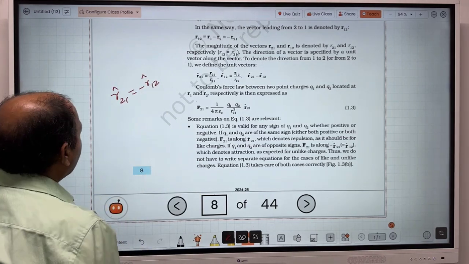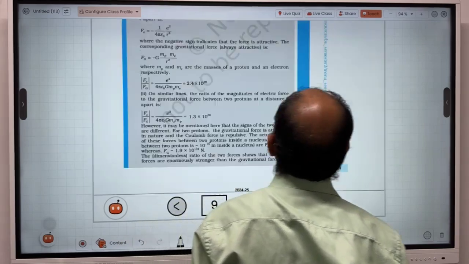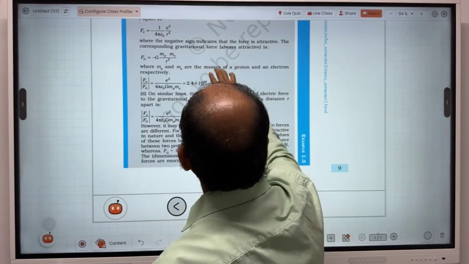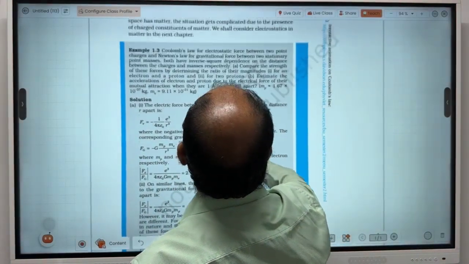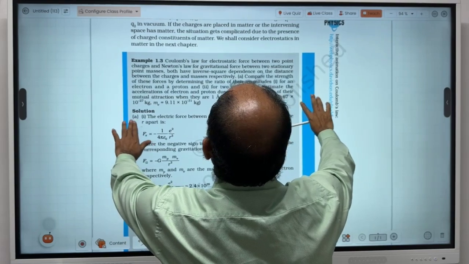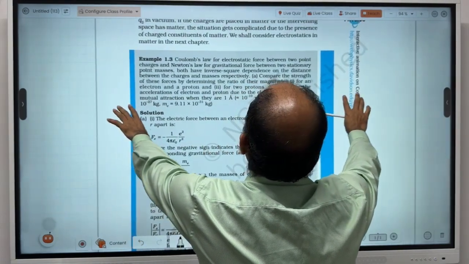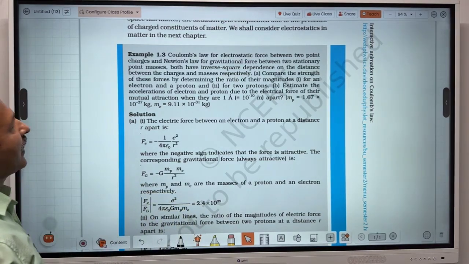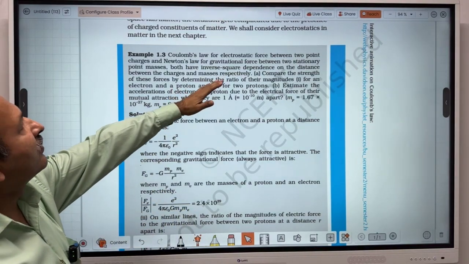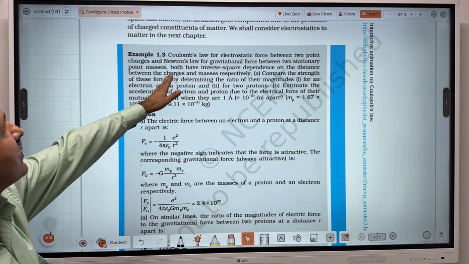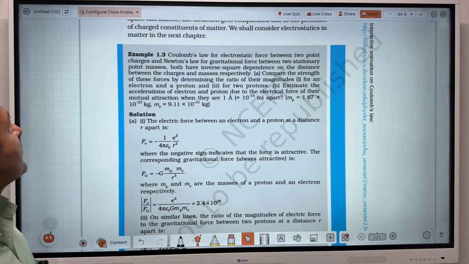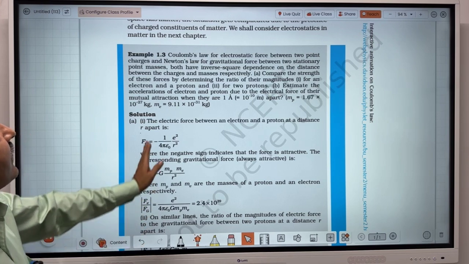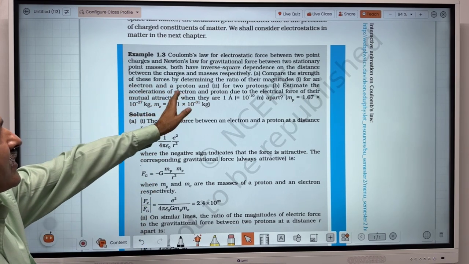Now we are going to see the next thing. Here there is one question. Example number 3, NCERT textbook. Coulomb's law for electrostatic force between 2 point charges and Newton's law for gravitational force between 2 stationary point masses both have inverse square dependence on the distance between the charges and masses respectively.